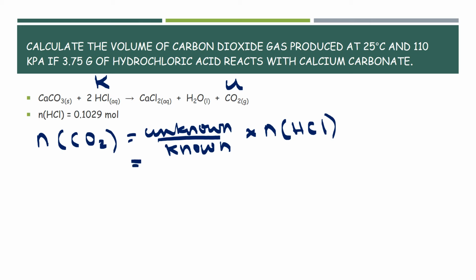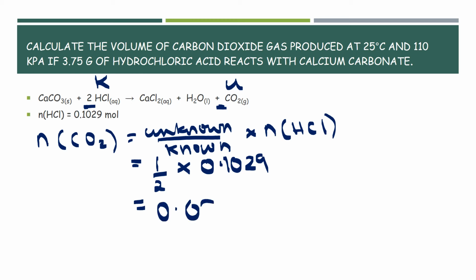So for the unknown, we look at the coefficient, and you can see the unknown's coefficient is 1. The known's coefficient is 2, times the number of moles of hydrochloric, which is 0.1029 moles, and that comes out to be 0.0514 moles. And I keep that information in my calculator.